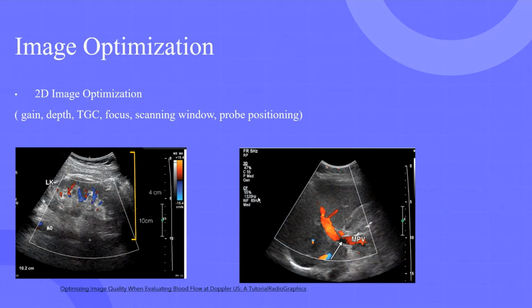The image on the left shows poor blood flow visualized in the aorta, as it is too far from the transducer. In order to assess the aorta well, we should change the scanning window. For this case, we should go to the subcostal.